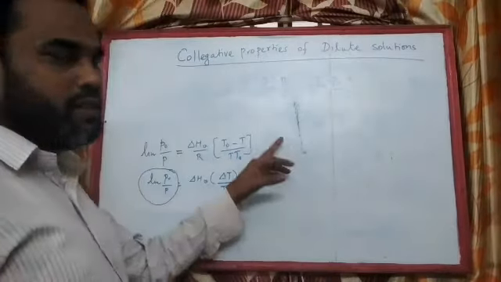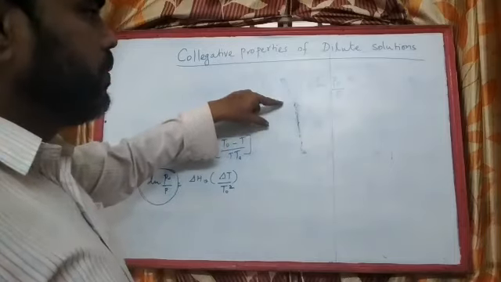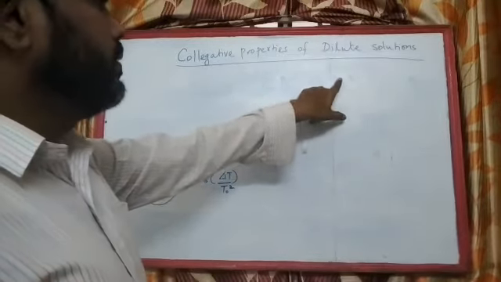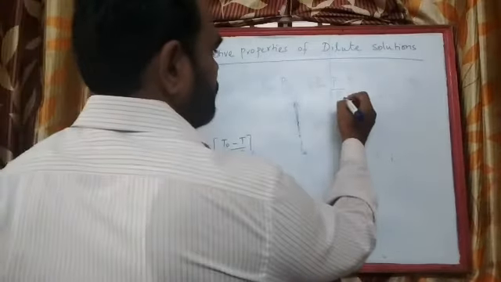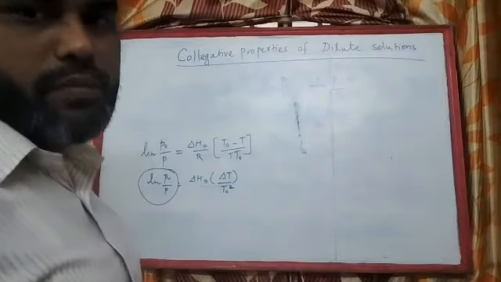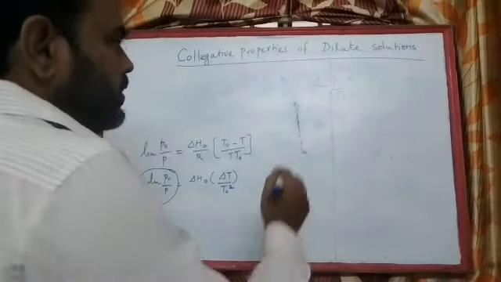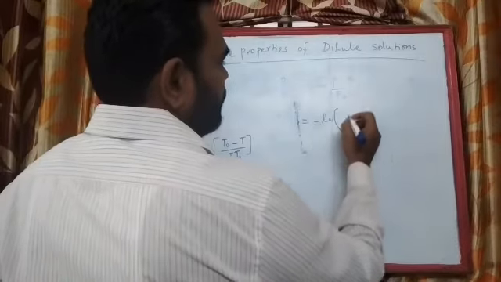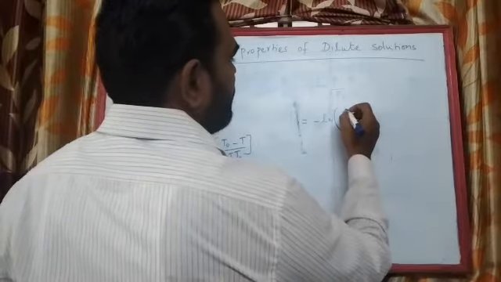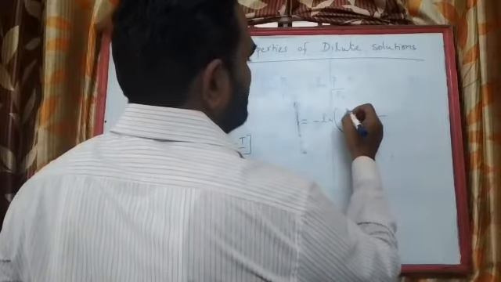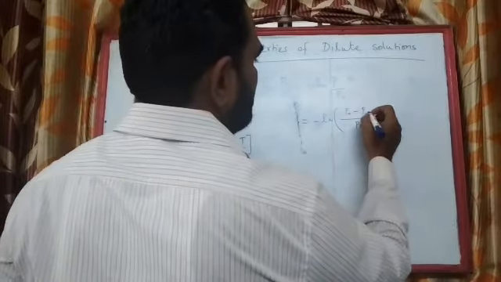I have just changed P0 by P to P by P0, so I have put a negative symbol, minus ln. So this can again be written as minus ln, P0 minus P.